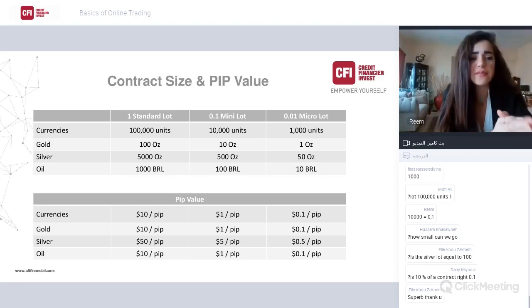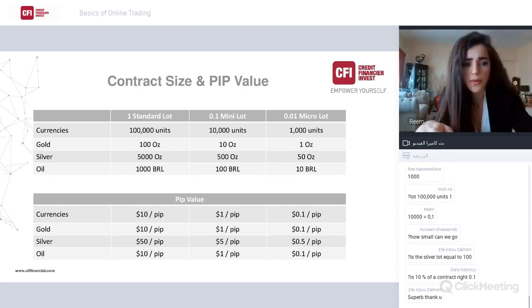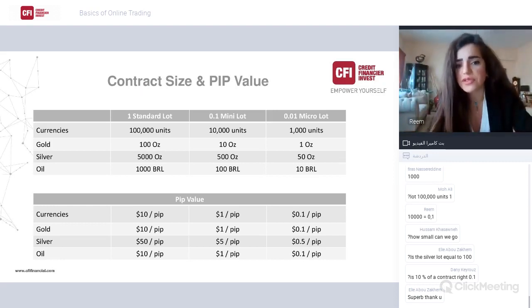So just look at this table, guys. Look at the table up, not the one down, okay? I want you to look at the contract size. In currencies, one standard lot is 100,000 units, as you can see. For the mini lot, that's a 0.1 where you can specify it. That's 10,000 units in currencies and 1,000 units if you're going for a micro lot, 0.01.